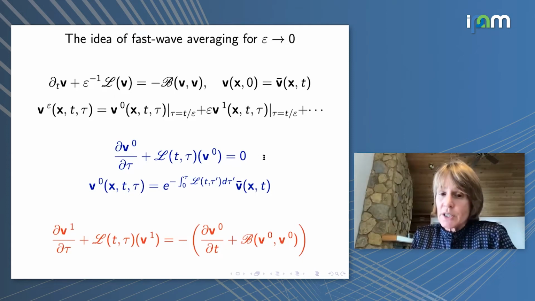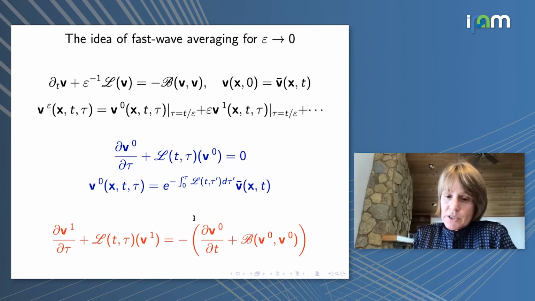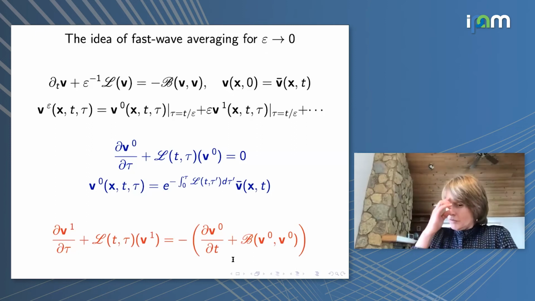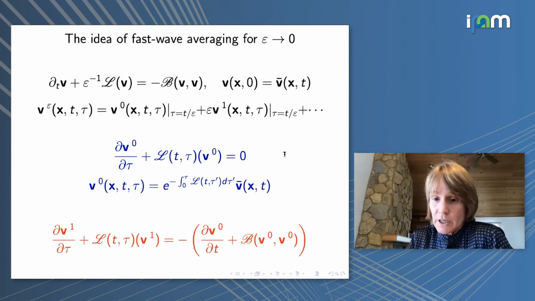It's homogeneous, and it can be solved in terms of an integrating factor and the initial condition V bar. Then we go to the next order, which is order 1, to write down an evolution equation for V1. That is also a simple equation, but it's non-homogeneous. And now the non-homogeneous term involves V0, which we had found at the previous order.